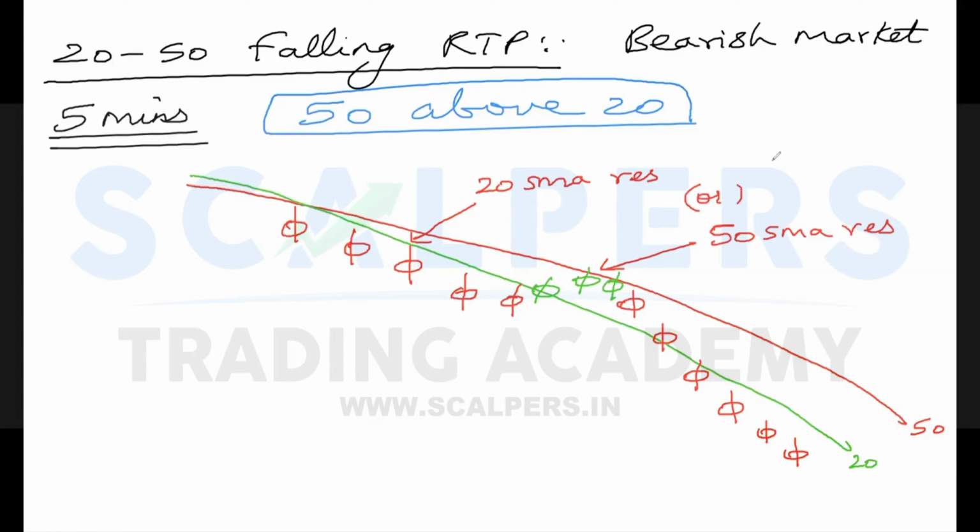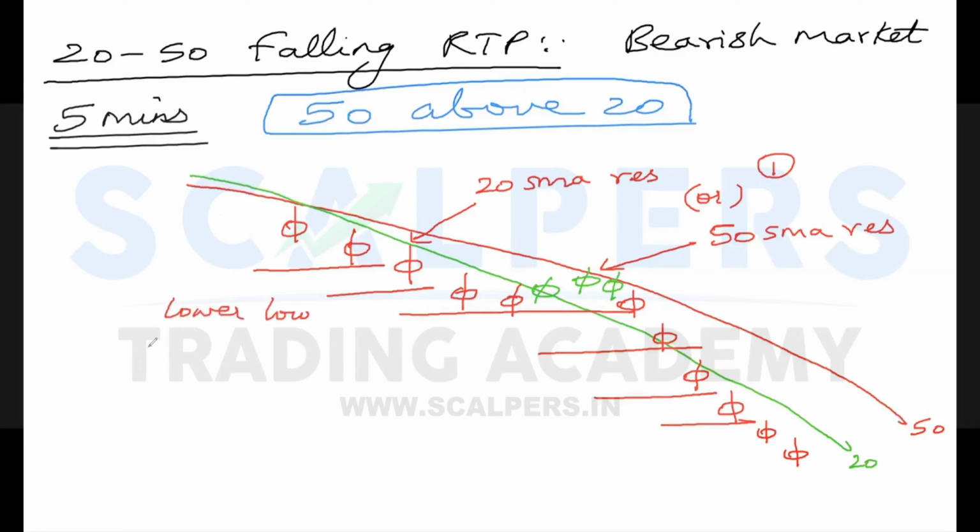What is the second point? The candles will be making lower lows, and new day lows. Lower low and new day low.